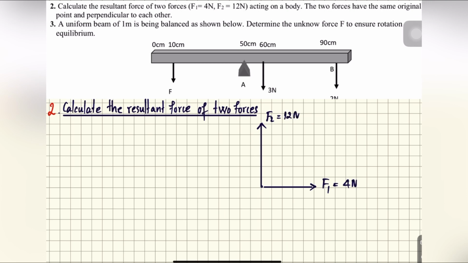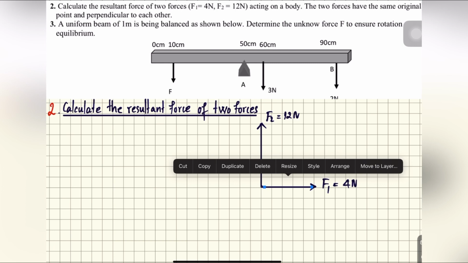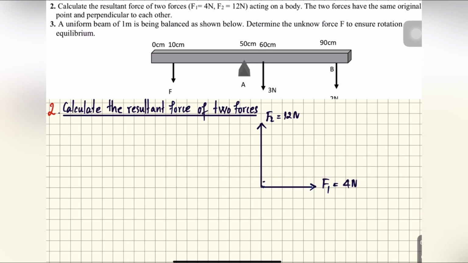To get the resultant force, we may use the parallelogram rule or Pythagoras theorem if there are two forces which are perpendicular to each other.